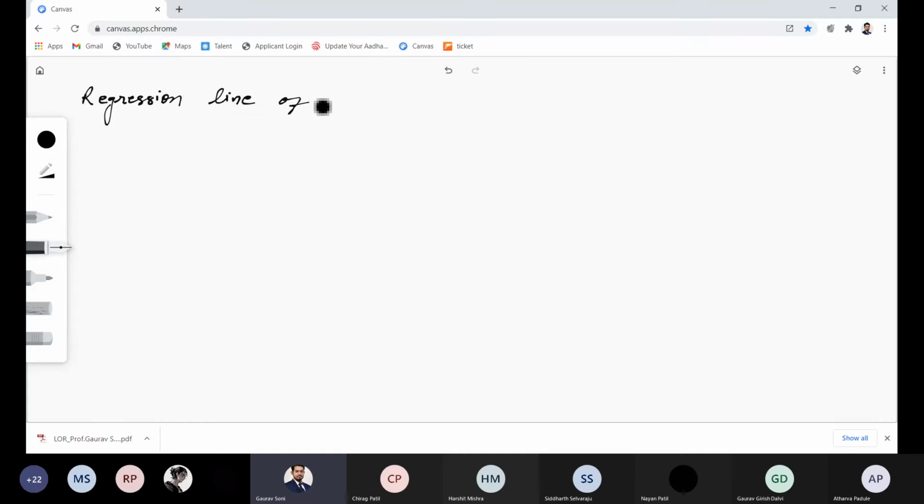The line of x on y is given by x minus x bar is equal to bxy times y minus y bar.